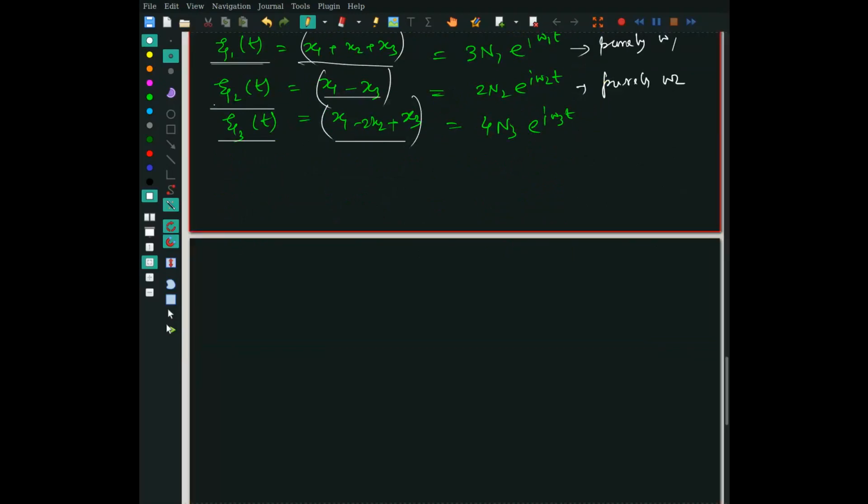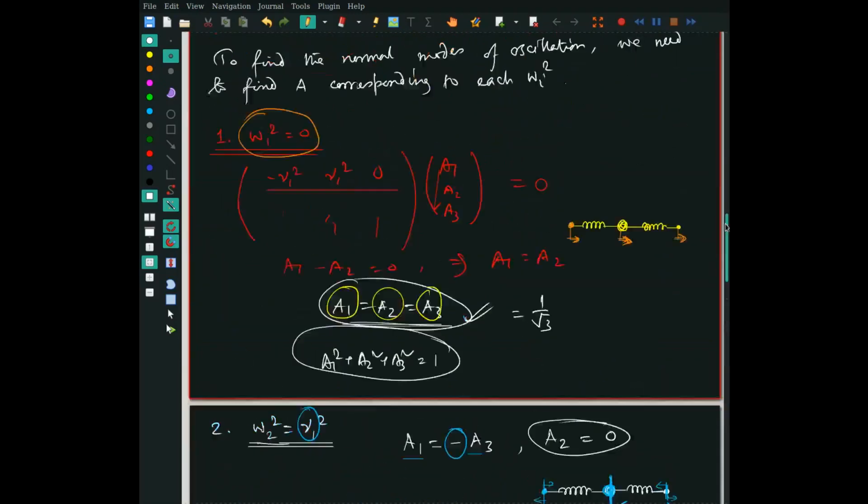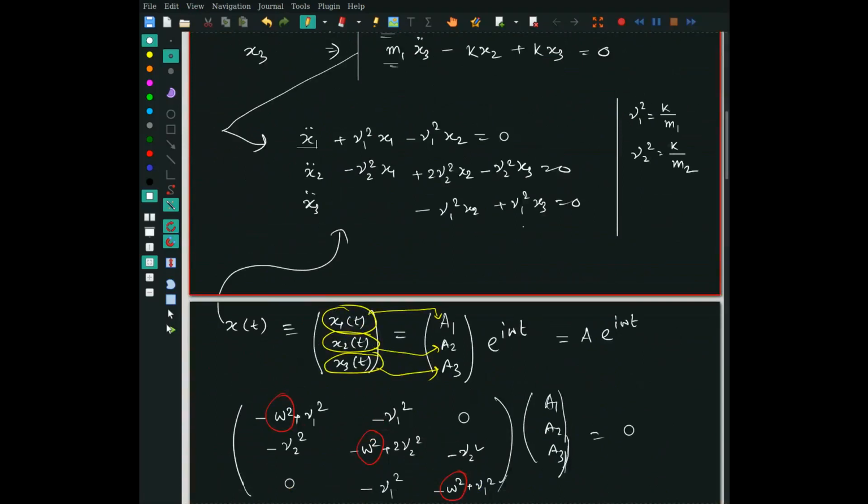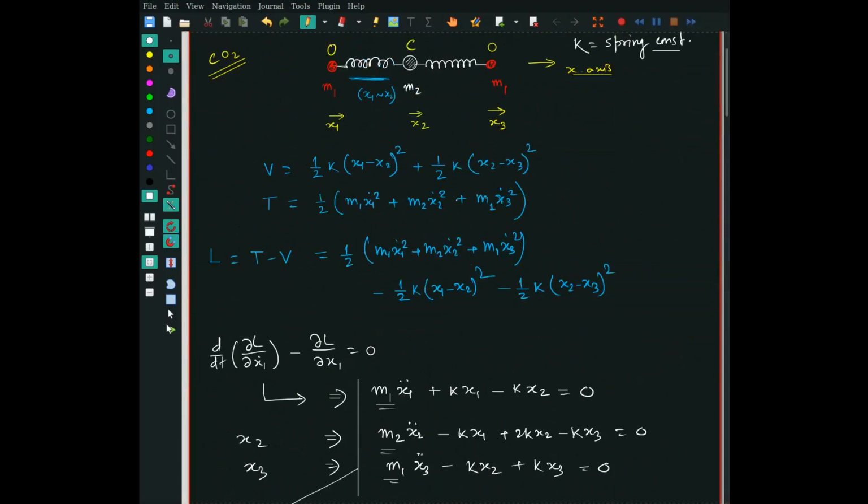Now, in terms of xi1, xi2, and xi3, my Lagrangian breaks down into three independent modes of vibration. Okay. So suppose you are solving the quantum mechanical problem of, say, a linear triatomic molecule, let's say carbon dioxide. You know the masses of the carbon and the oxygen atom, and your Lagrangian is this, which means your Hamiltonian is also very complicated.